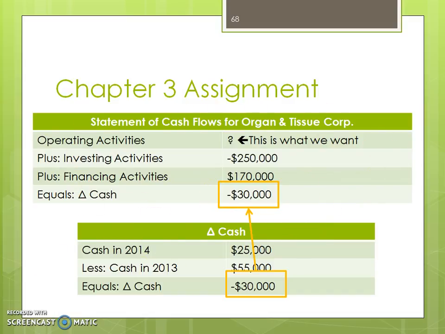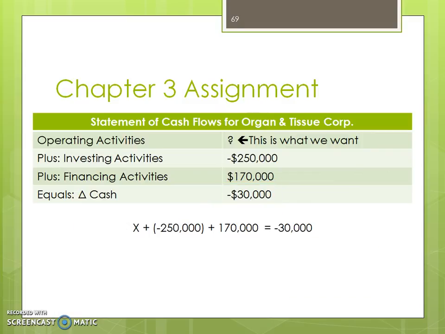All right, we can create a formula that looks something like this. X, operating activities, plus investing activities plus financing activities equals change in cash. So we're going to use algebra to isolate X and solve for the problem. First thing we want to do is distribute the positive sign to get rid of the parentheses.